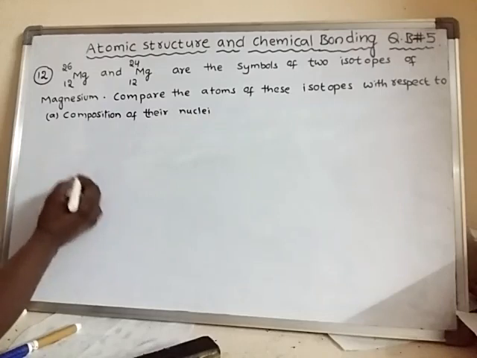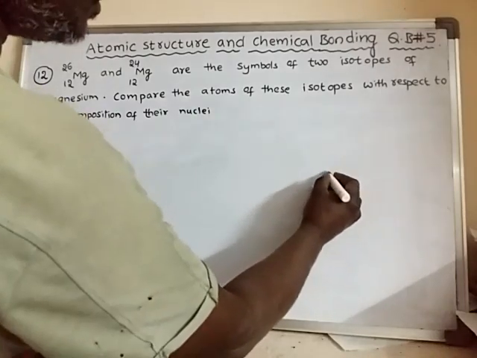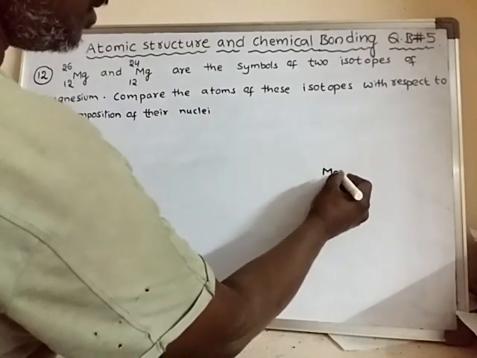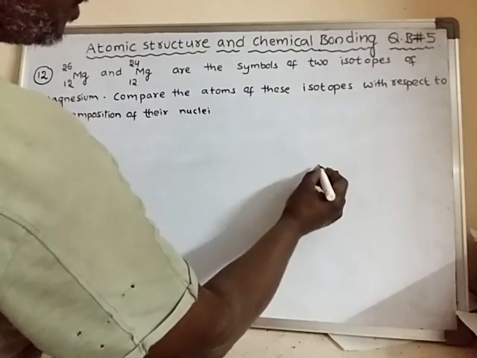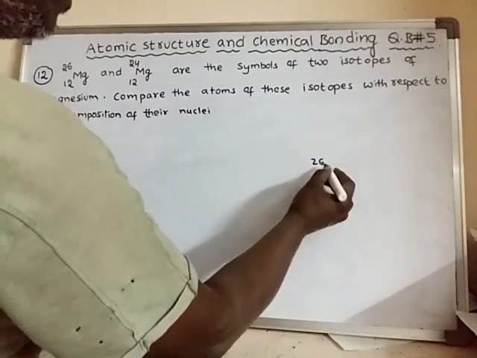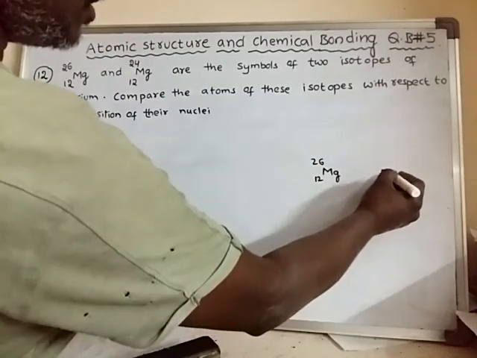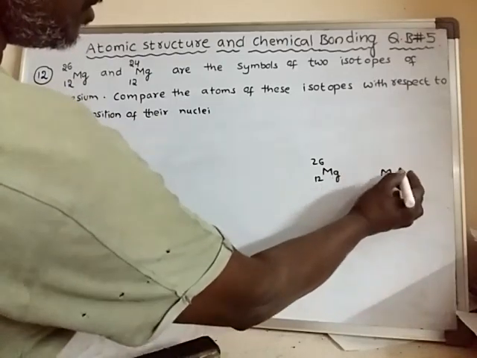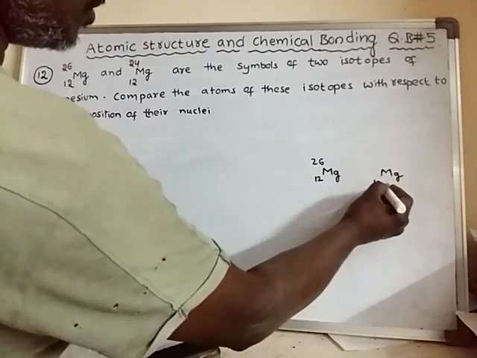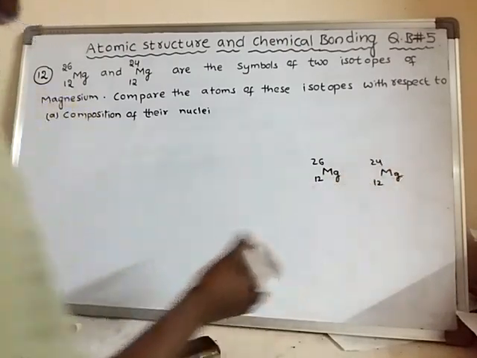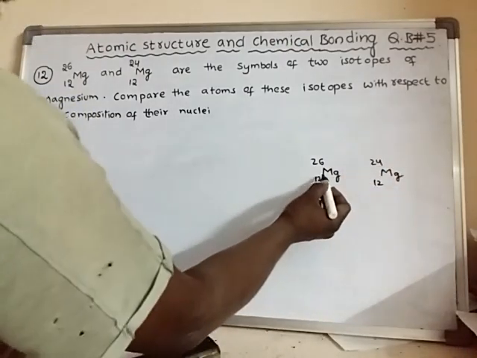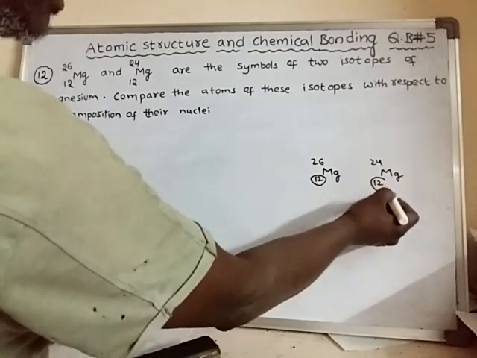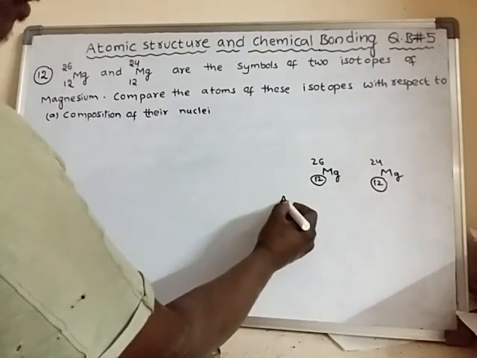So here, magnesium-26 and magnesium-24. This indicates the atomic number. What is atomic number?